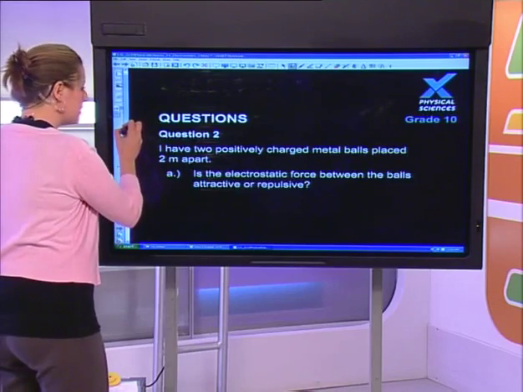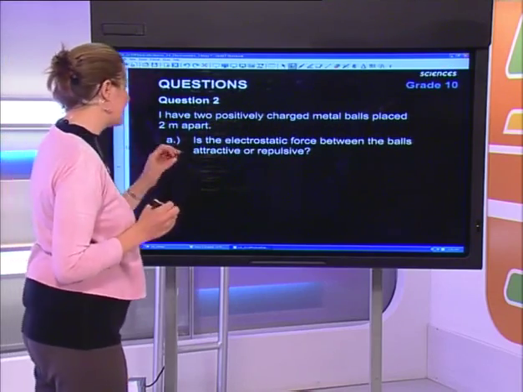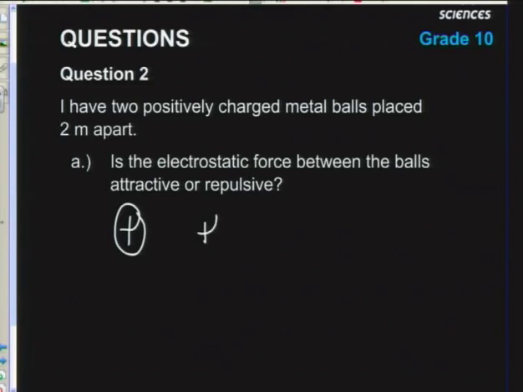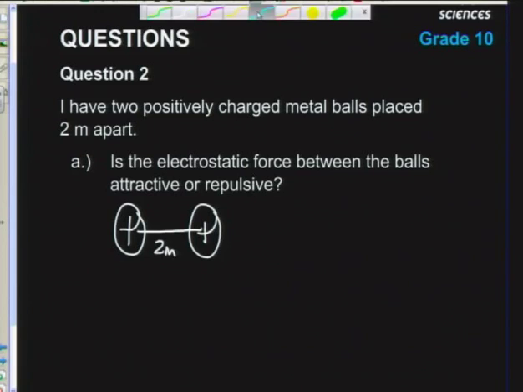So I have two positively charged metal balls placed 2 meters apart. Now, I always find it helpful to sketch what we've got. So there are the two metal balls, and we have that they are 2 meters apart. Is the electrostatic force between the objects attractive or repulsive?